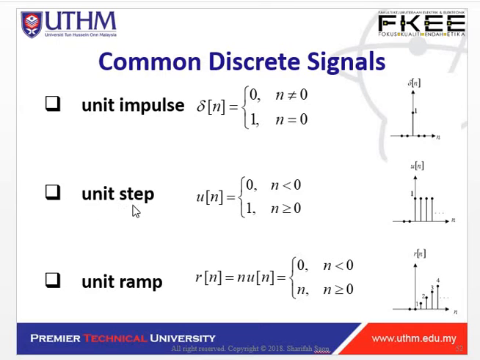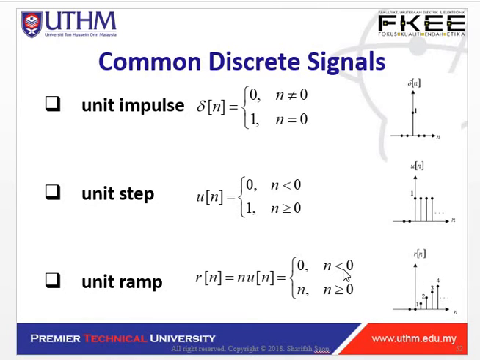For unit step, un, for n less than 0, the value is 0, and for n more than or equal to 0, the value is 1. For unit ramp, Rn, the shape of the signal is a ramp.